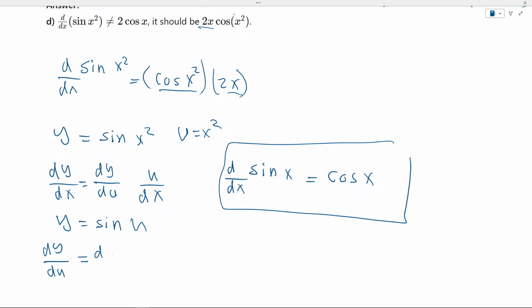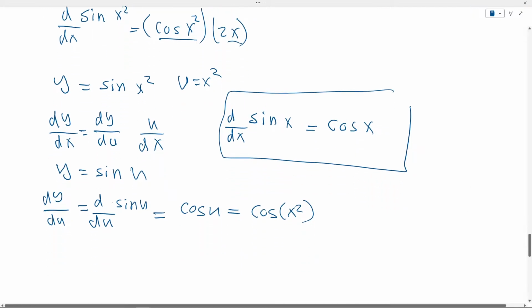That would be d sine u over du, which is cosine u. And I know u is equal to x squared, so that is cosine x squared. So this is good.